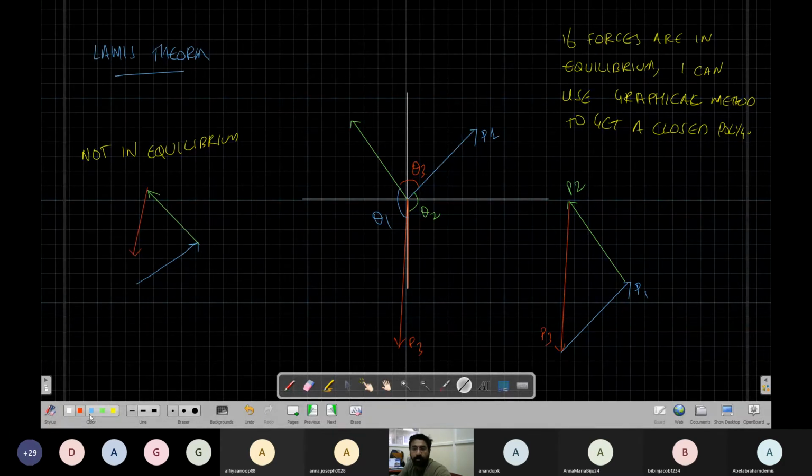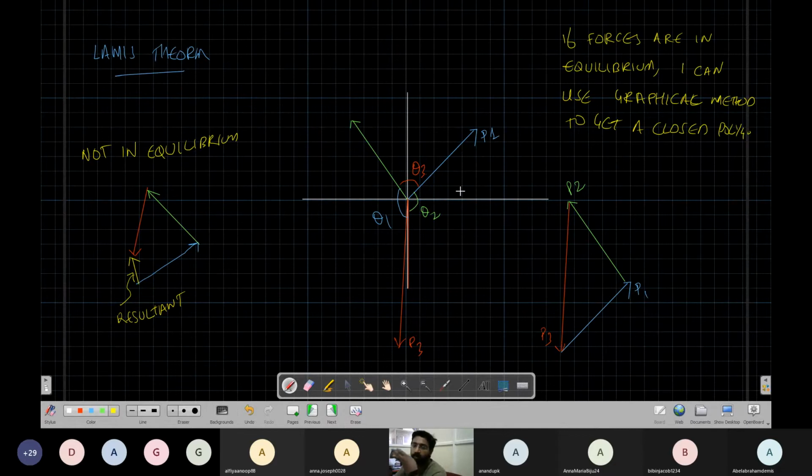They will not close. That means there is a resultant force in this direction. If you remember the graphical method, now what I am using is this law. This property is for equilibrium forces.